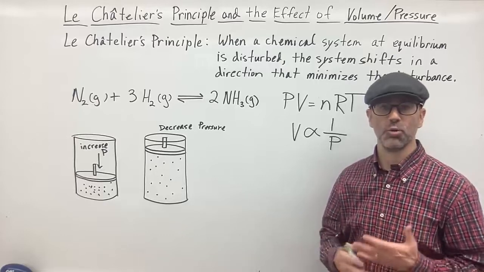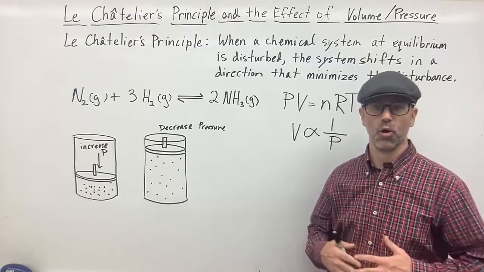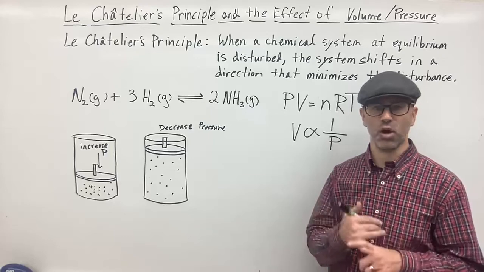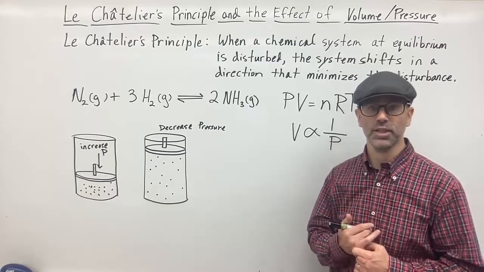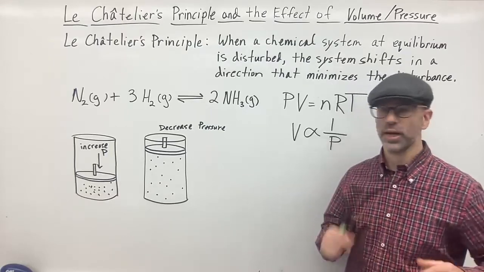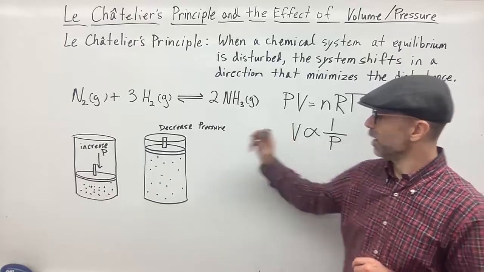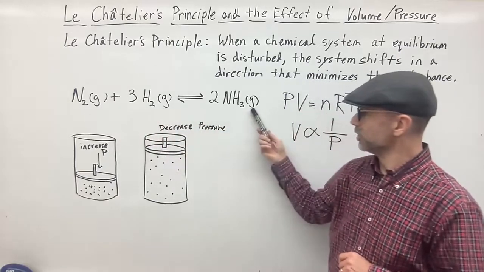So in today's video, we're going to go over the stress or disturbance of changing volume and pressure of the system in equilibrium. So here is our reaction for this video.